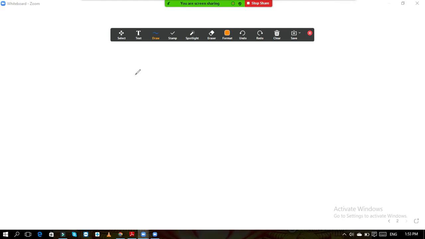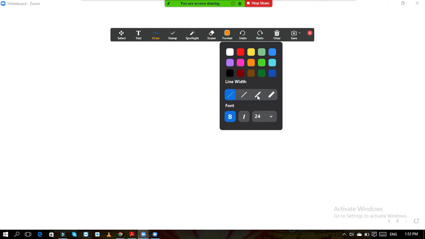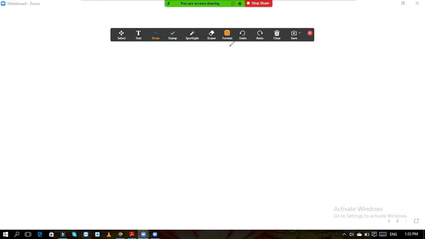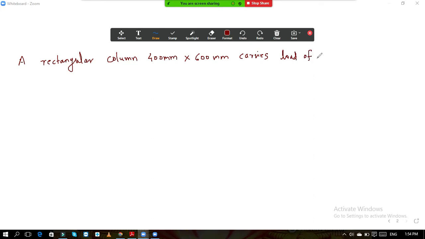So now we will take the next problem. The numerical is: rectangular column 400 mm by 600 mm carries a load of 2500 kilonewton.